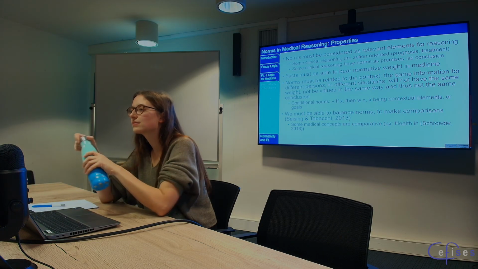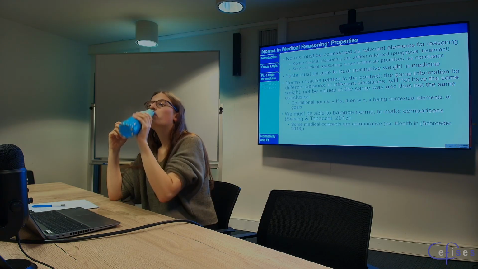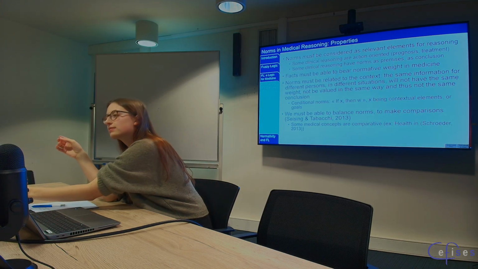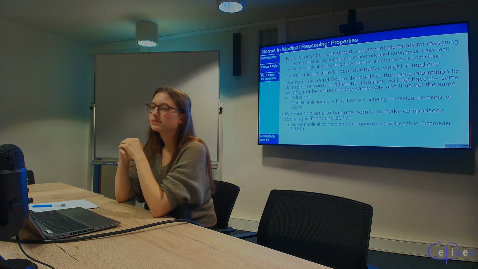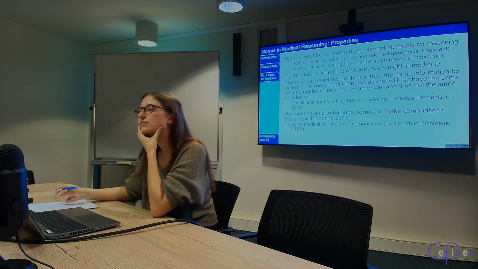I have a question. When you said that there is normative stuff in medicine, I thought about it, and for the first time I have this idea that in medicine you actually have two types of normative stuff.